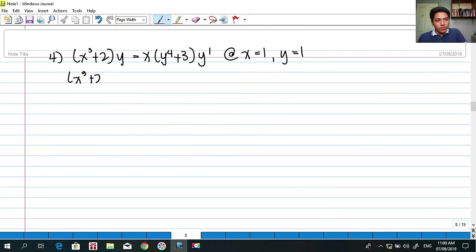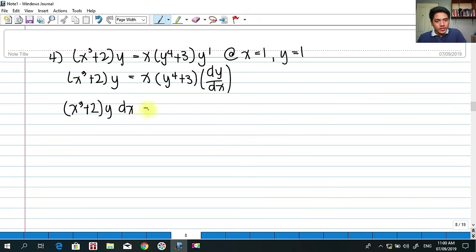We need to group dx and dy with x and y respectively. So y prime is simply equal to dy over dx. Multiplying both sides of the equation by dx, we have x cubed plus 2y dx equals xy raised to 4 plus 3 dy.